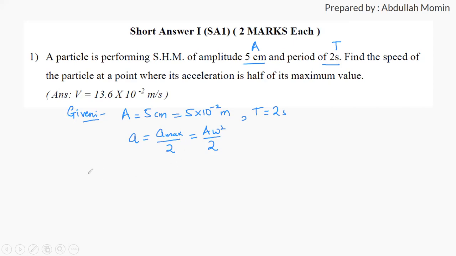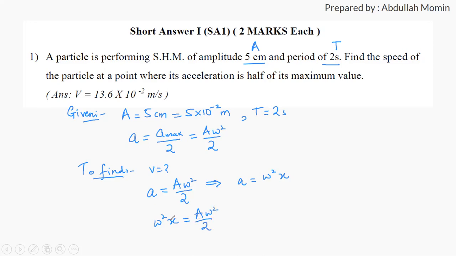By 2. So we are supposed to find out the speed. So since a is equal to A omega square by 2, and acceleration is omega square x, we can write omega square x is equal to A omega square by 2.